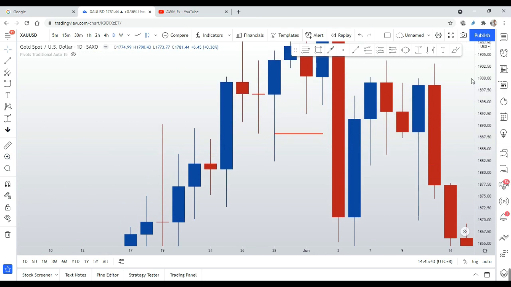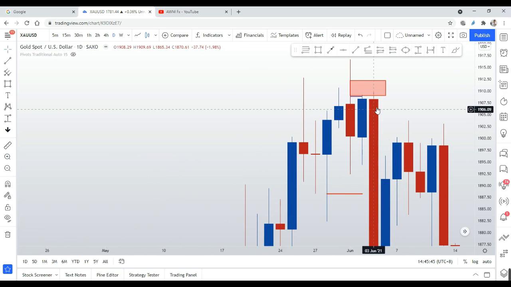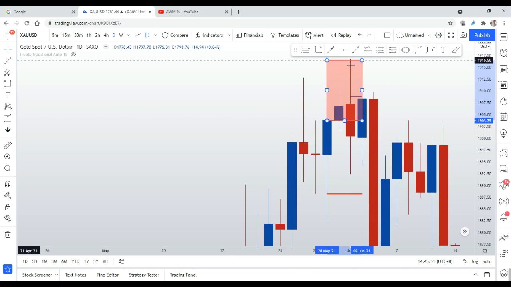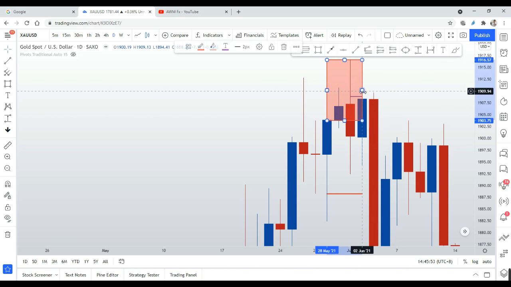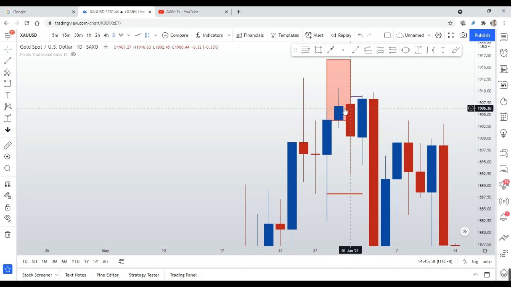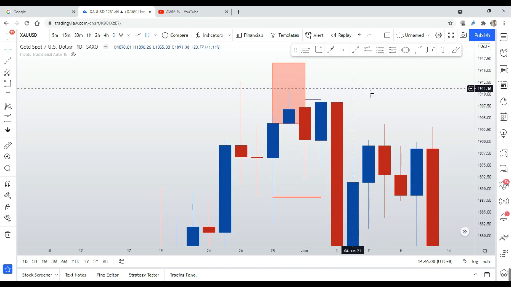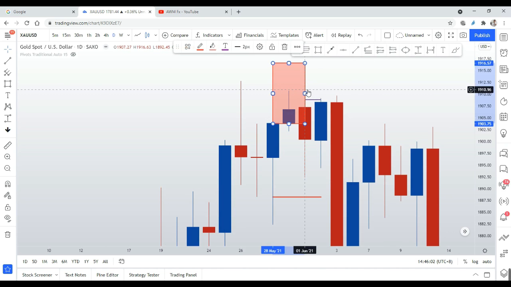Right. So day one, you can see that the price is actually reacting to this zone. This zone. This zone. So you guys remember what kind of supply zone is my favorite?